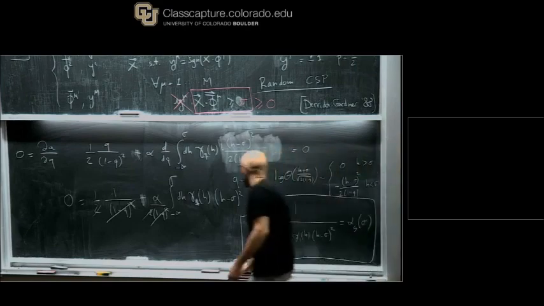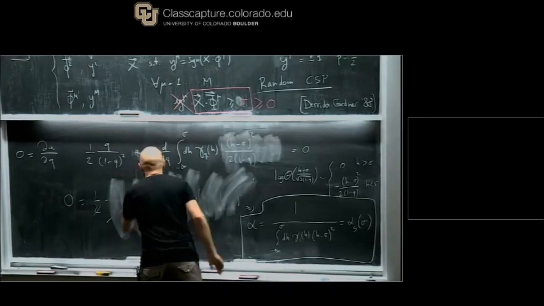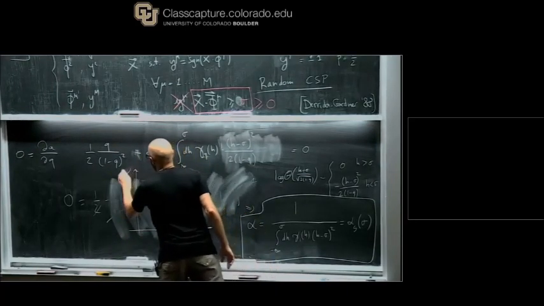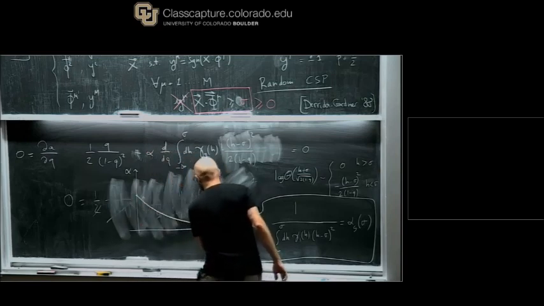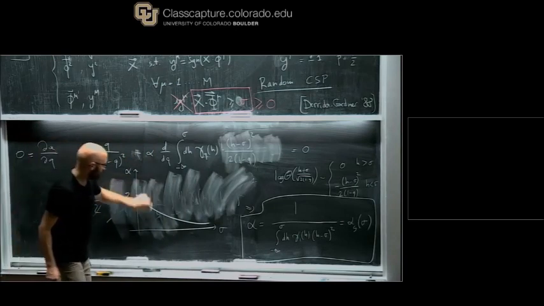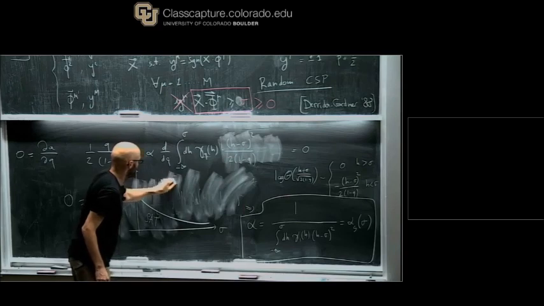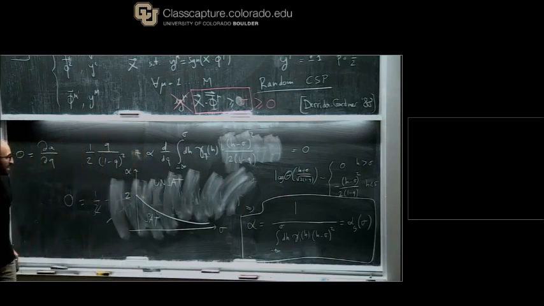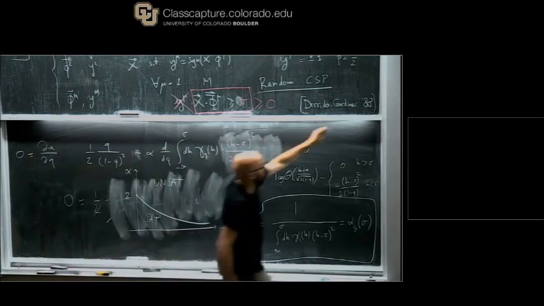By the way, if you plot it, alpha versus sigma, it will look something like this. For sigma equal to 0, alpha is equal to 2. Here it's SAT, and here it's UNSAT. And this is the result of Derrida and Gardner, 1988, this paper.